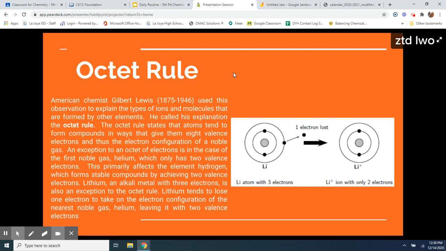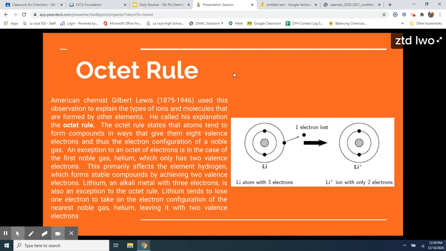An exception to the octet of electrons is in the case of the first noble gas, helium, which only has 2 valence electrons. Mostly everybody on the periodic table follows the octet rule where you need 8 electrons. Hydrogen primarily forms stable compounds by achieving 2 valence electrons.